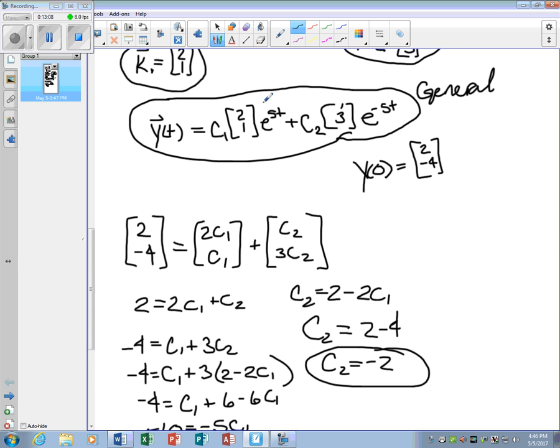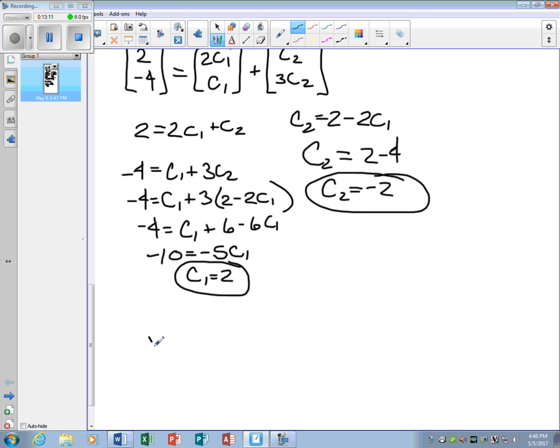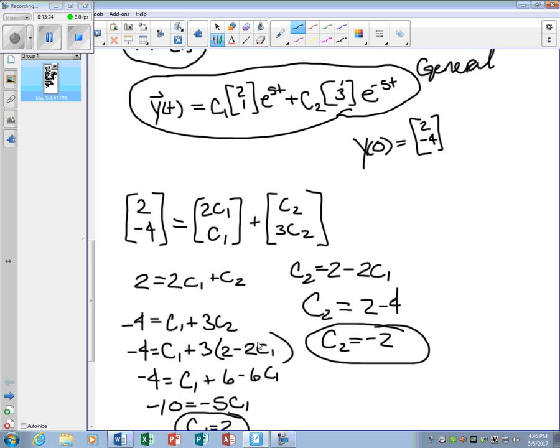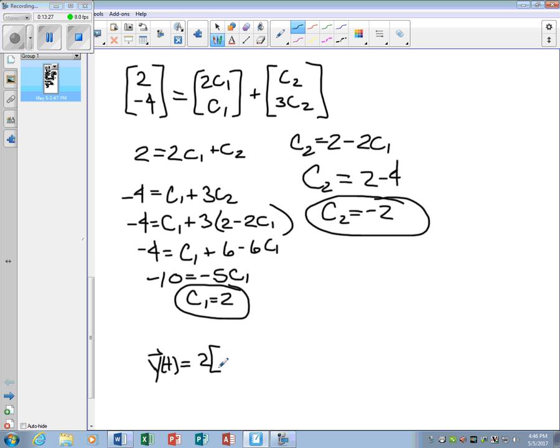So now we got to plug that in here. So c1 is 2, 2, 1, e to the 5t, plus, so actually it's going to be a minus 2, 1, 3, e to the -5t.